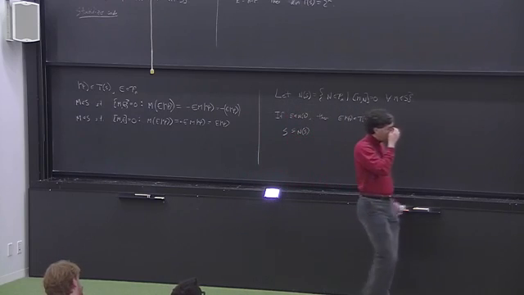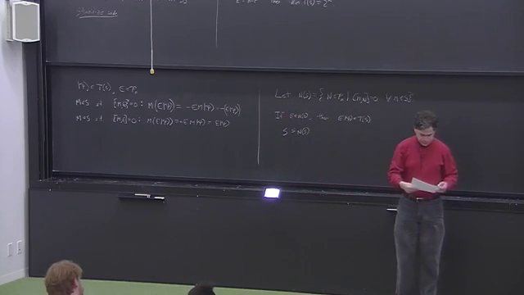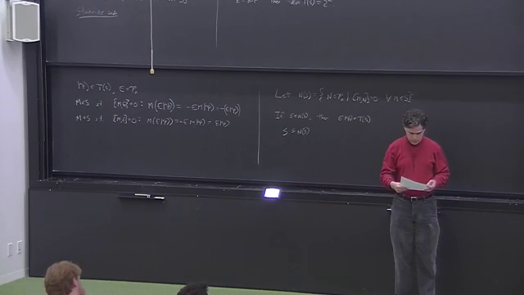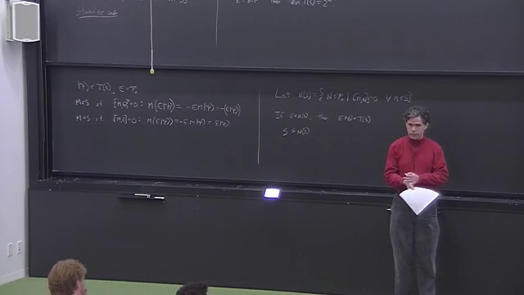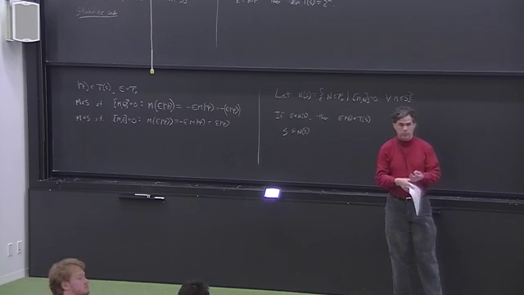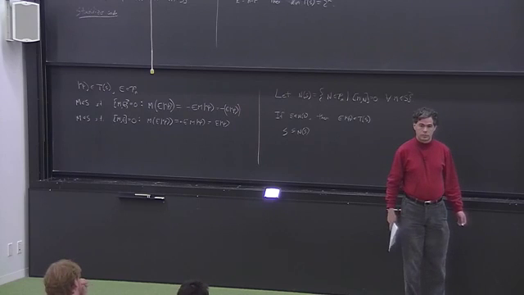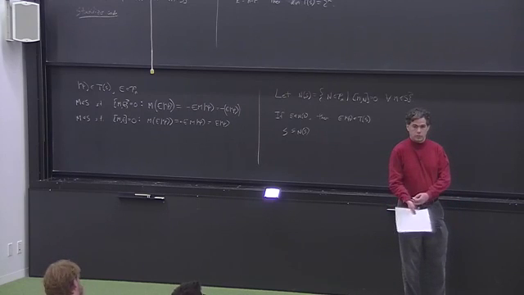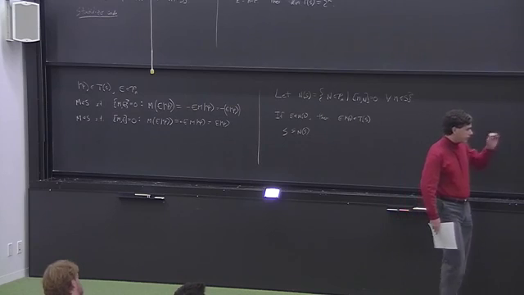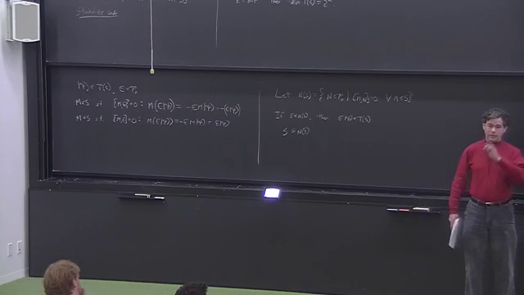Okay, any questions so far? Yeah? So that's this set of undetectable errors, but the set of uncorrectable errors is larger, right? Yes, I'm going to talk about correcting errors in a moment.